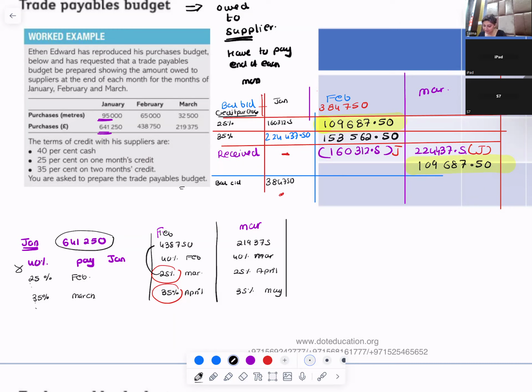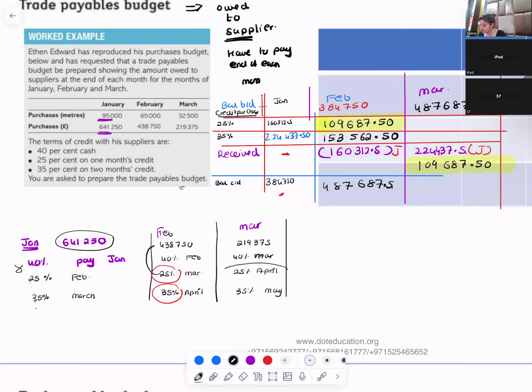We had 384,750 plus 109,687.5 plus 153,562.5 minus 163,312.5. So it is 487,687.5, and this becomes the opening balance of March.